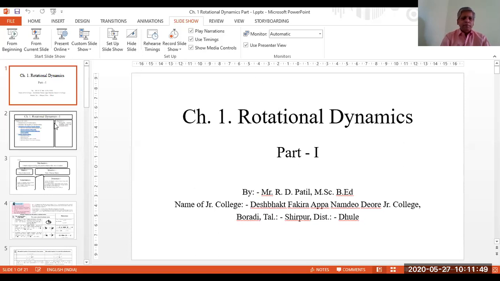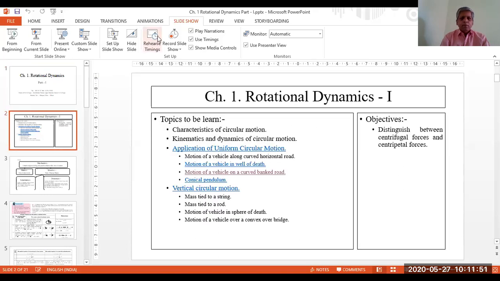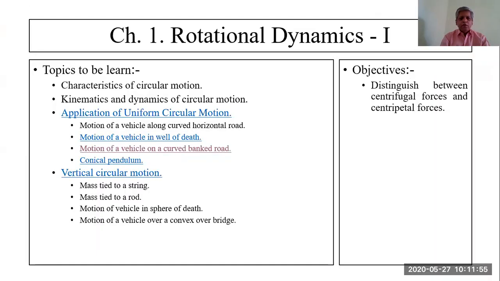Those are: first application, the motion of a vehicle along a curved horizontal road. Second application, motion of a vehicle in the vale of death. These applications have already been explained.